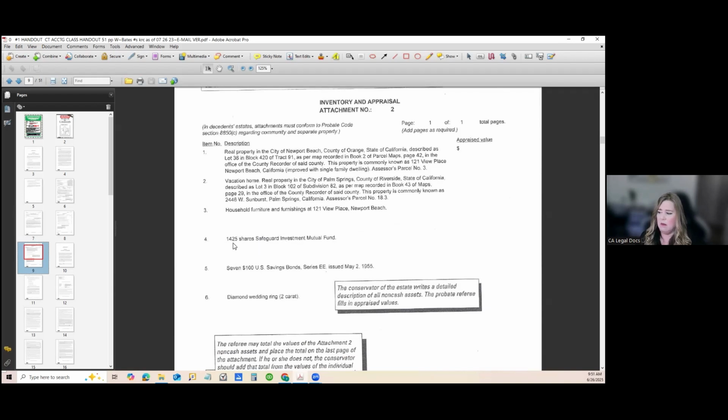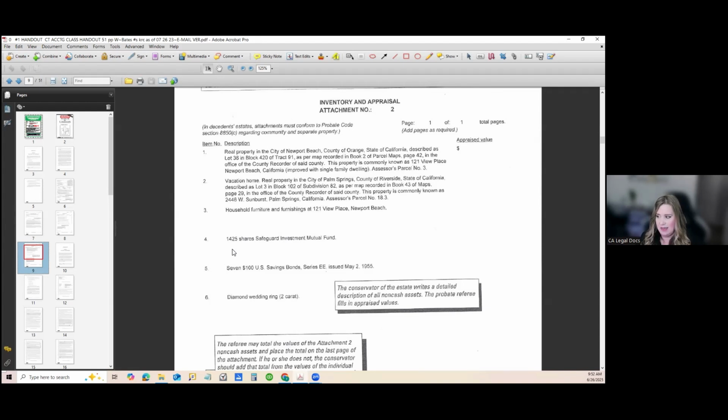Shares in stock portfolio accounts, Morgan Stanley, Charles Schwab, all of those. Please remember, this can get very tedious and very time consuming because most accounts, most mutual funds, have many different stocks or many different shares in many different things, like iShares and Microsoft shares and Facebook shares, and I could go on and on.